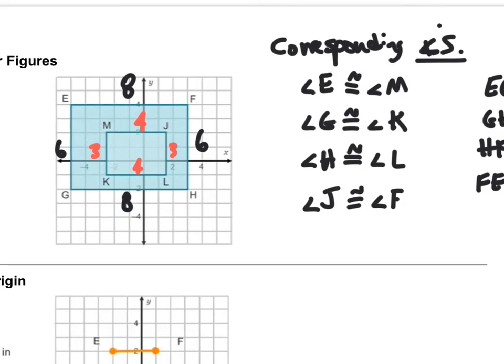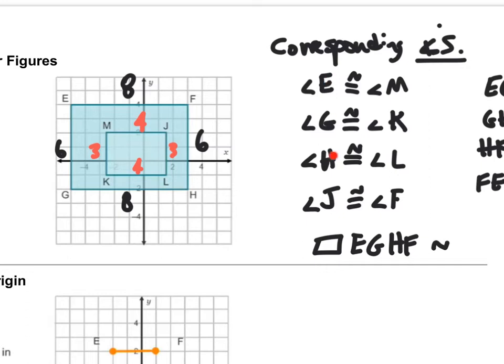So if we take quadrilateral EGHF, notice how when I name this, I go around the figure, and I know that it is similar, and that's my symbol for similar. It's just that little tilde. Congruent meant that you had equal signs underneath, but similar means that you just have that tilde there. And I'm going to match these up.